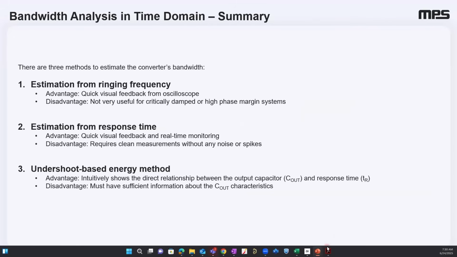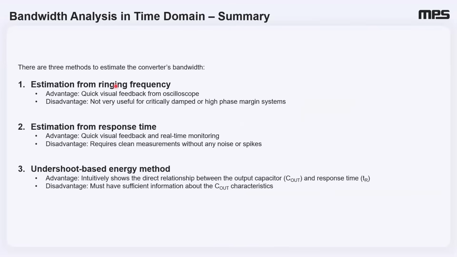So let's summarize our time domain bandwidth analysis methods. We can estimate bandwidth from ringing frequency. This offers a quick visual feedback from the oscilloscope, but it's not suitable for critically damped or high phase margin systems. Response time method provides a quick visual feedback as well, and it's useful for real-time monitoring. However, it requires clean measurement without excessive noise or spikes for more accuracy.